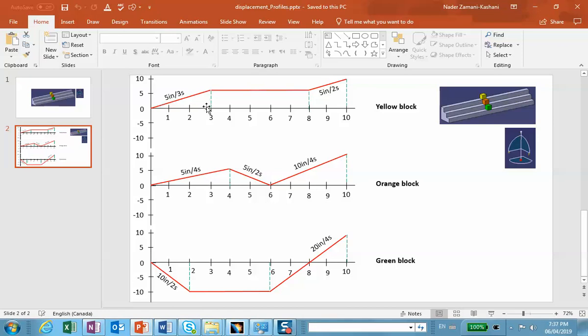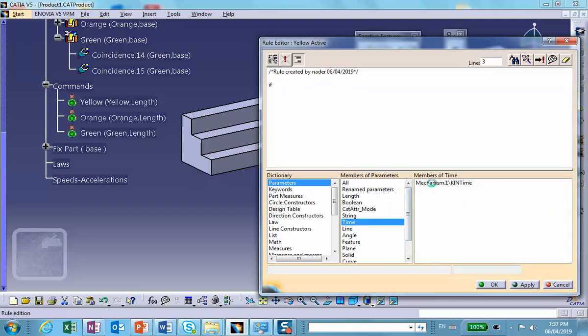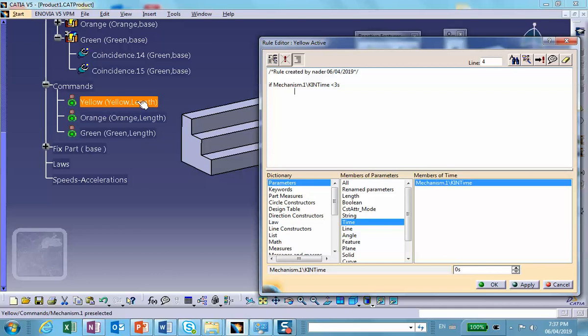So if this is the yellow one, if time is less than 3 seconds, then this goes at the speed of 5 inches per 3 seconds. So we're going to say if time is less than 3 seconds, then we need the command which goes with the yellow joint.